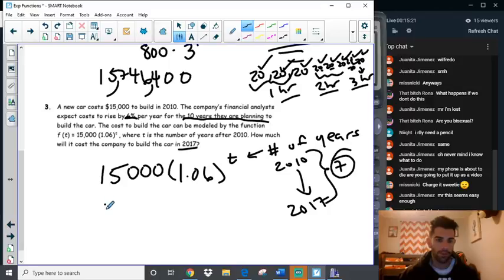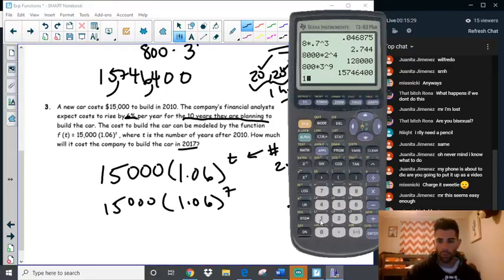That's 7 years. So then you're going to go here, and then the time is 7. So then you're going to go 1, 5, 0, 0, 0, parentheses. You have to copy it the same, to the 7th power. And there you go.